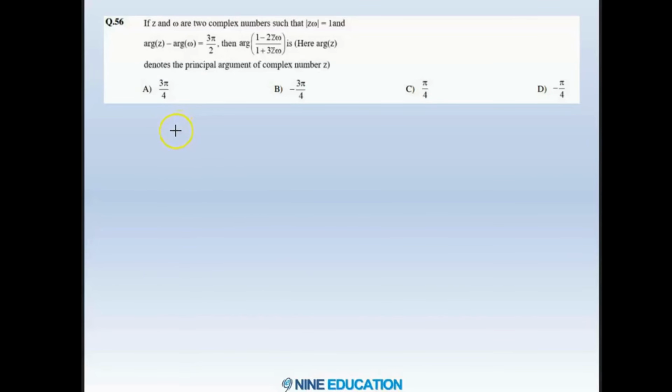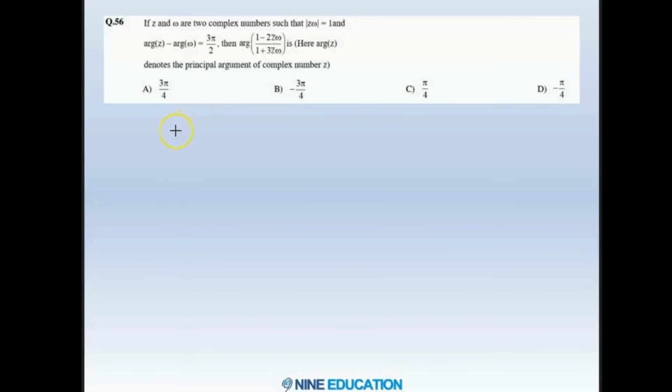Then from this equation, argument of omega is argument of z minus 3 pi by 2, which is theta minus 3 pi by 2.